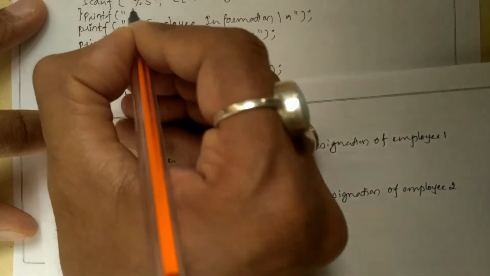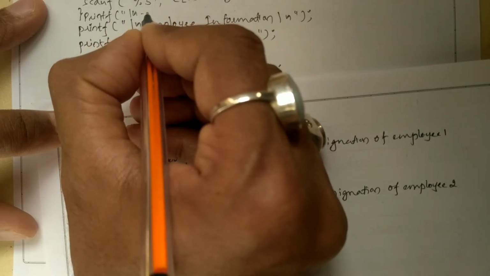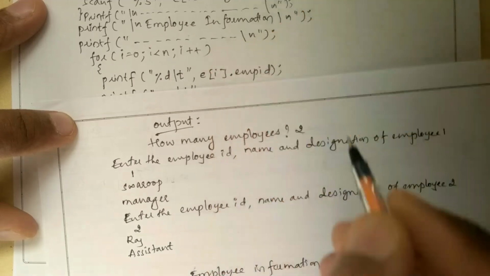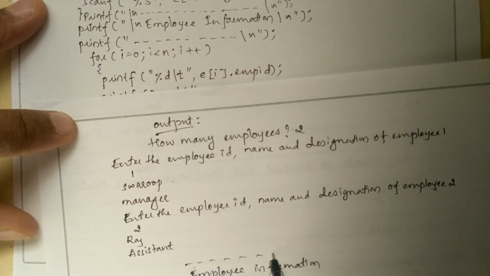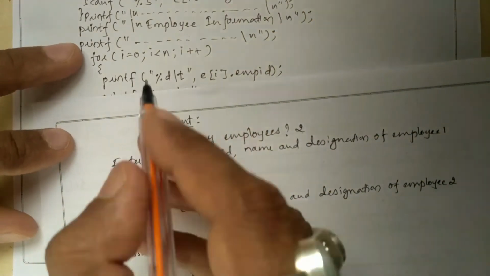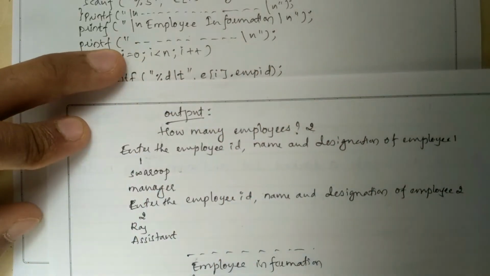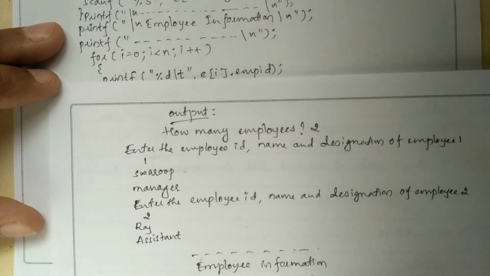Here I'm going to write \n, or you can put hyphens and \n and the double quotation mark. Here we will get output something like this. So after employee information, it is going to print once again these dotted lines. Here you can see. So it is in the form of table, right?